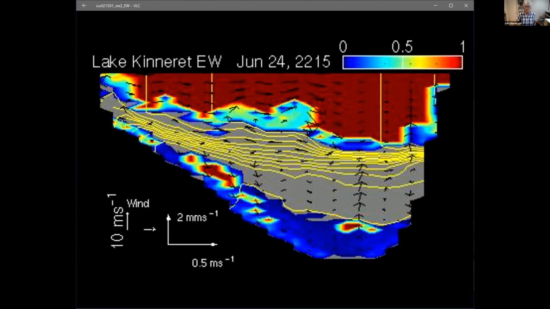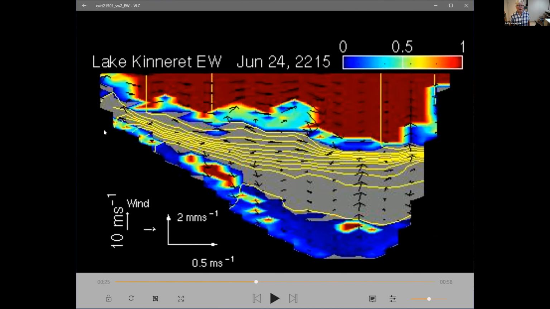It rocks back and forth. Now, another thing that often we see, that here the isotherms are compressed. Here you can see they're kind of spread out. While that wind was blowing, this whole upper mixed layer is actually, in theory, mixed. And it's going to have a flow structure kind of like this, going across and down and back around.